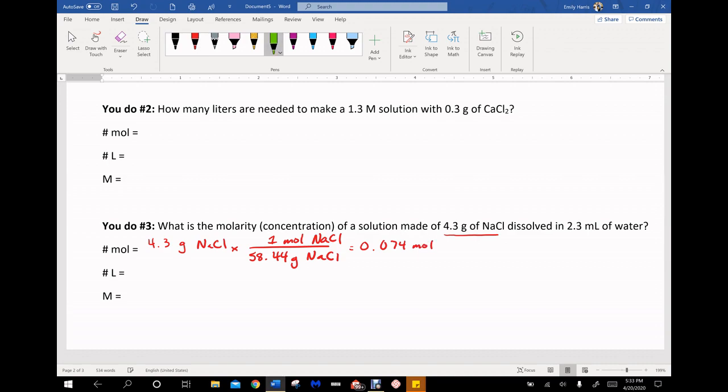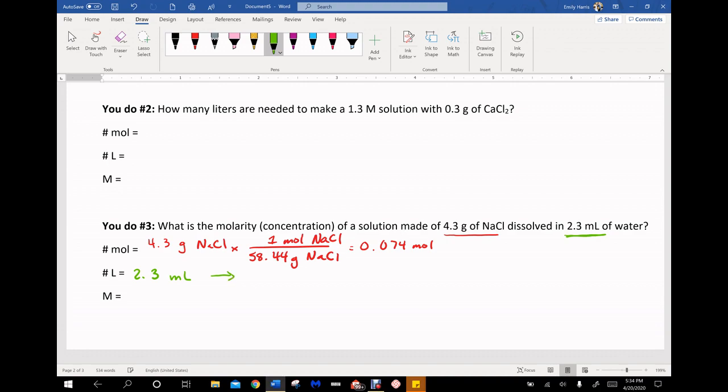Now we have something else that we haven't quite encountered before. Here we're told that it's been dissolved in 2.3 milliliters of water. This is also more practical for the lab because typically you're working with a graduated cylinder or perchance a volumetric flask, which measures in terms of milliliters. So what we'll have to remember is that a liter is 1,000 times bigger than a milliliter.